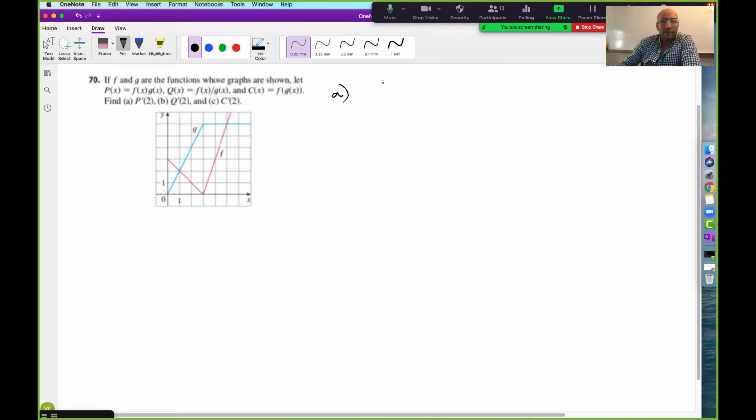involves p, right? So p of x is equal to f of x times g of x. That's a product, right? And so for part A, they ask us for p prime. So p prime of x, we're going to have to follow the product rule, which remember, is to take turns.